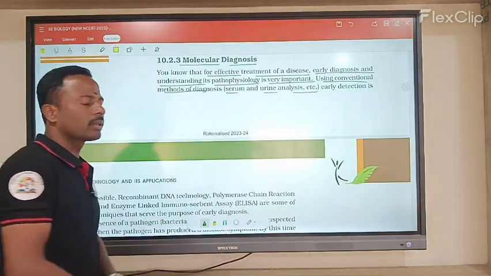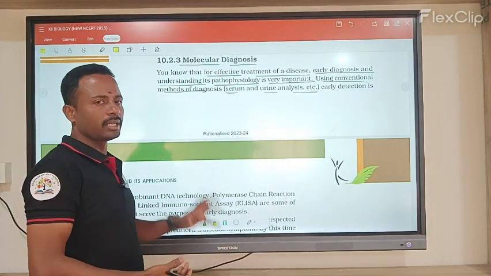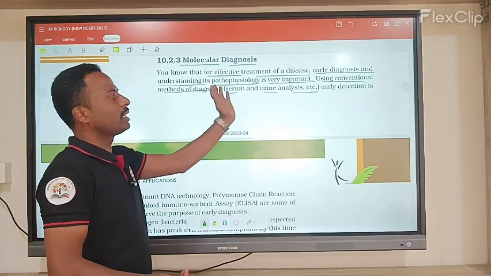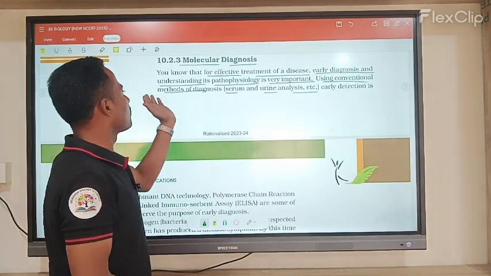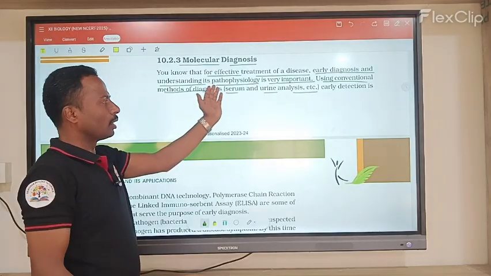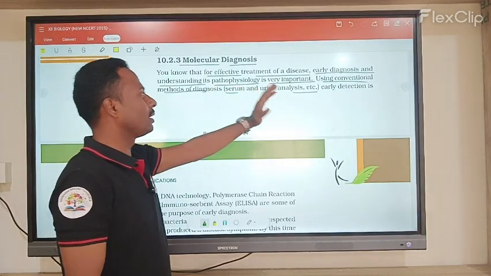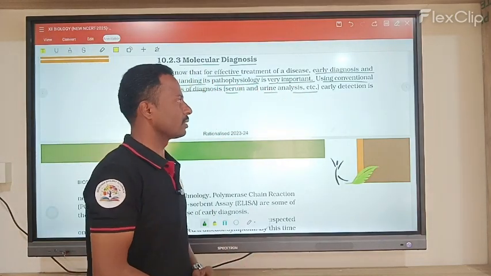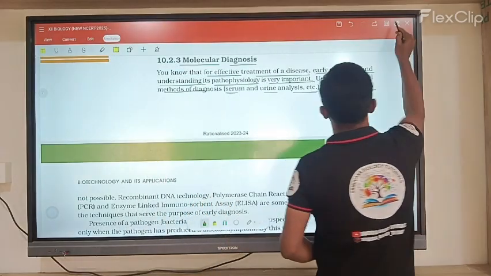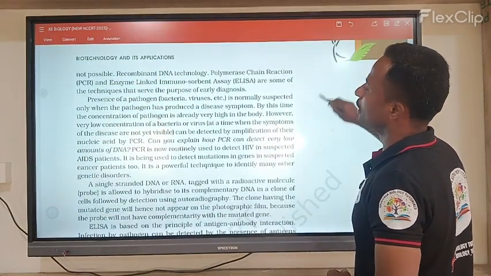So nowadays we are using molecular diagnostics effectively, because with conventional methods like serum, urine and different blood tests, early detection is not possible.